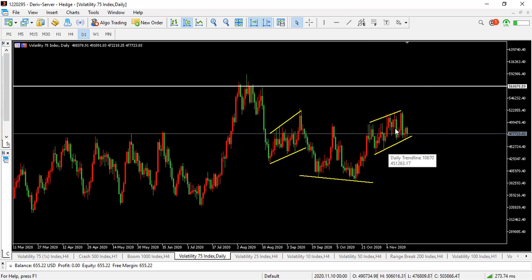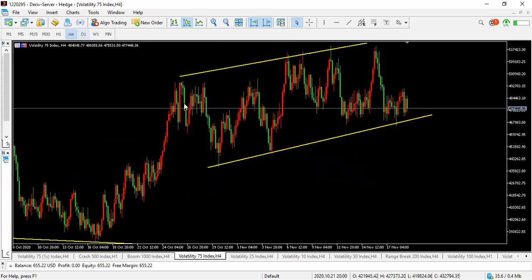By the way, we have spotted another confirmation here. You can see there's something like an inverse head and shoulder. This is the left shoulder and this is the right shoulder. What do we expect? The continuation of the right shoulder to the upside.